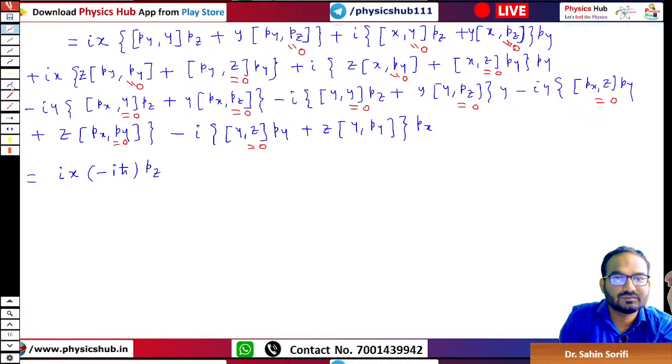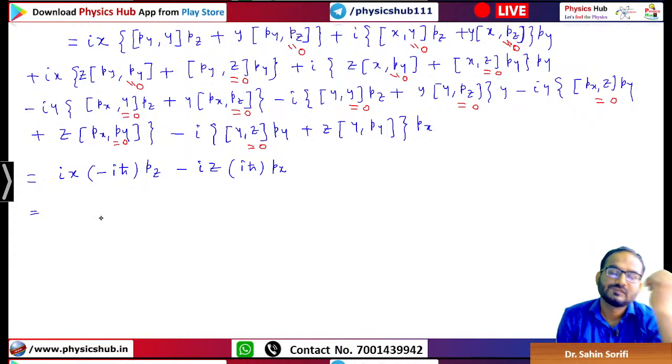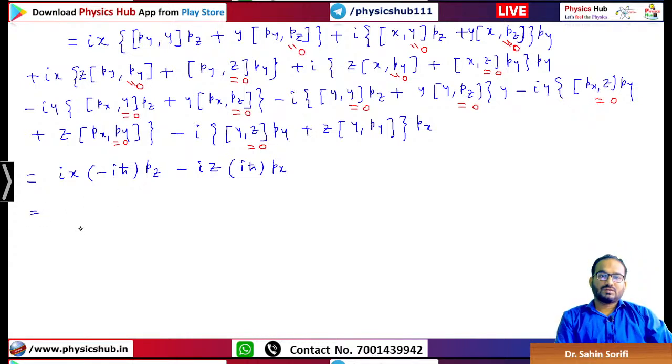You are left with only two terms. This one, minus i z, y py is i h cut px. So you see, almost all the terms are getting cancelled. i squared is minus 1, minus minus plus. So h cut x pz.